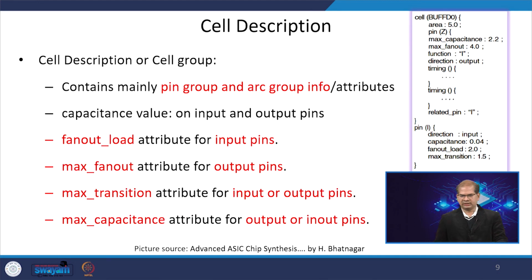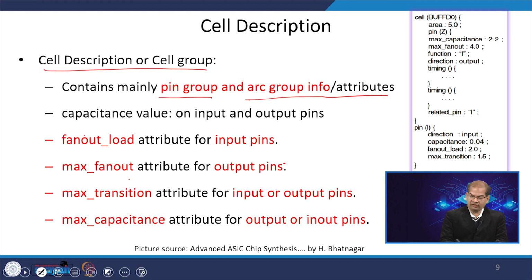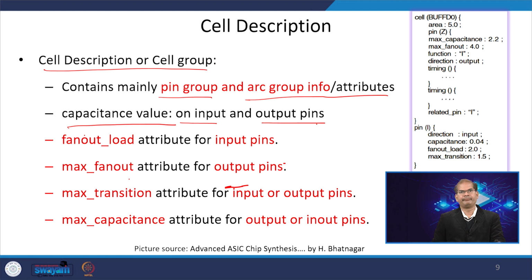Then there is another section inside the dot lib, the cell description or the cell groups. What does it contain? It contains pin groups, area group information, attributes. It has capacitance information for the input pin, and for the output pin also. Then whenever you have an input pin, what the fan out load is will be specified.